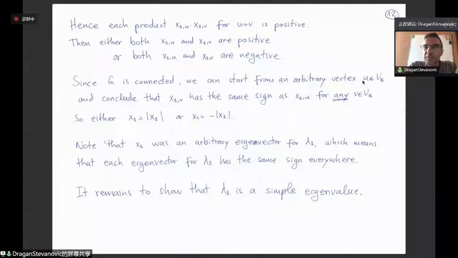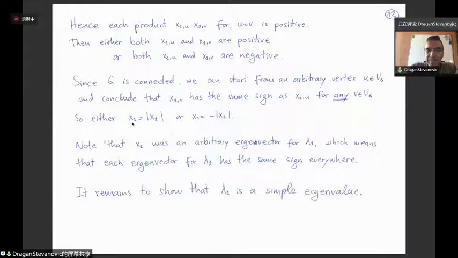So we can start from an arbitrary vertex u, and we conclude that all its neighbors have the same sign as x1u. And then we can go to the neighbors of v, they will have the same sign again, and to their neighbors, and so on. So we can conclude that the whole vector x1 has all components with the same sign as this one particular component.